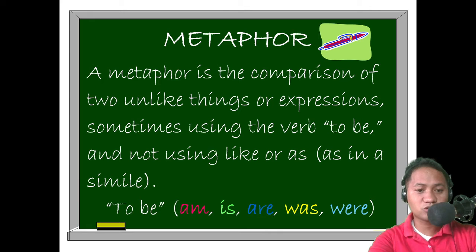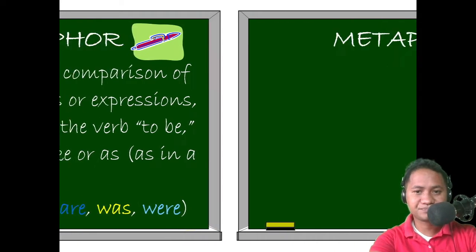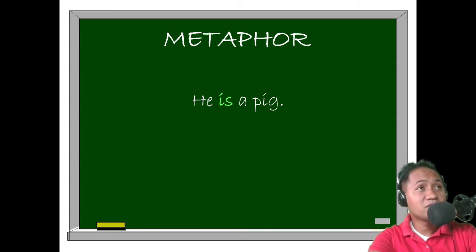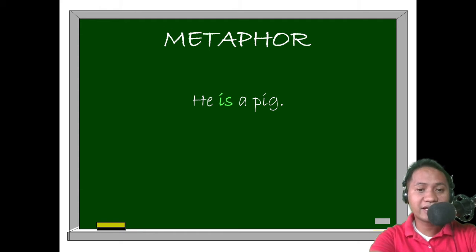Let us remember that a simile uses like or as, but a metaphor is a direct comparison. He is a pig. It is direct, no beating around the bush.